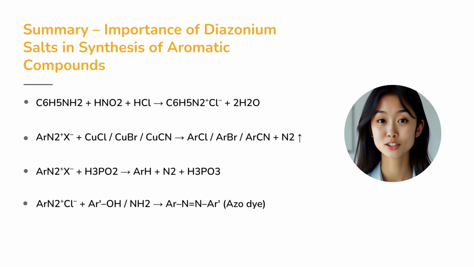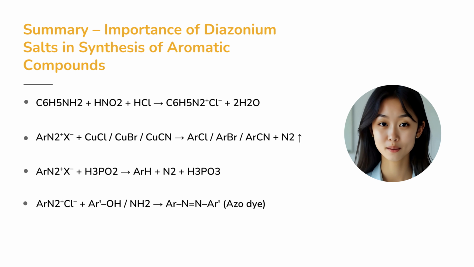The reaction looks like this. Aniline plus nitrous acid plus hydrochloric acid yields benzene diazonium chloride plus 2 water molecules. Next comes the Sandmeyer reaction step, where benzene diazonium chloride reacts with copper(I) cyanide, CuCN, to replace the diazonium group with a cyanide, giving benzonitrile and nitrogen gas as a byproduct.